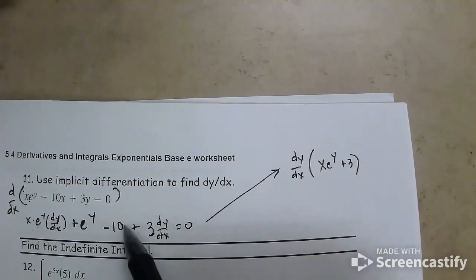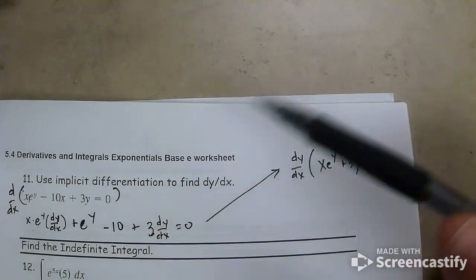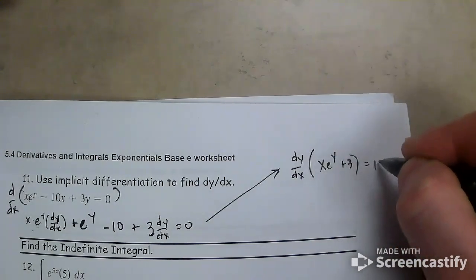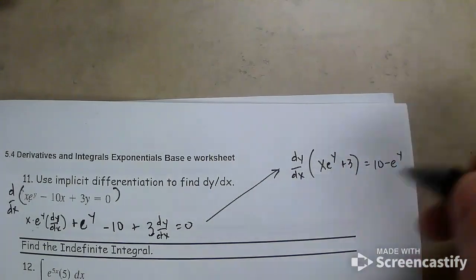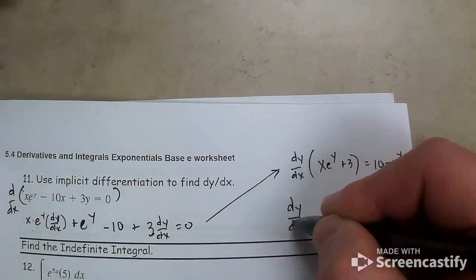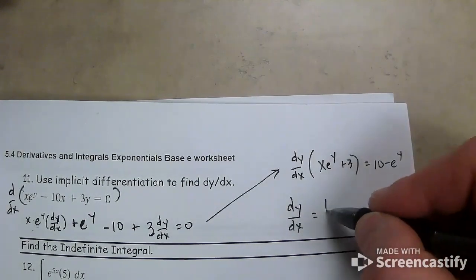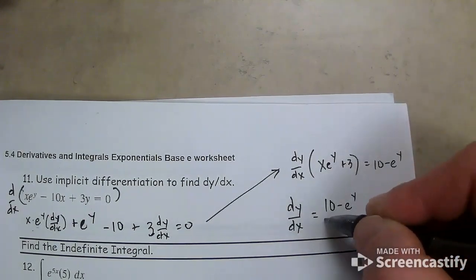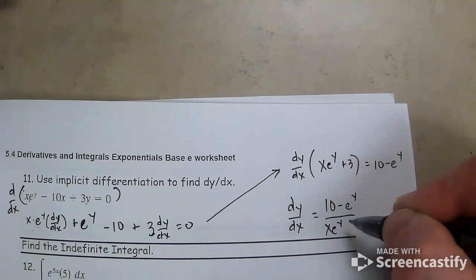And then I need to move these two pieces of information over to the other side. So this is going to be 10 minus e to the y. So when it's all said and done, dy dx equals 10 minus e to the y all over x e to the y plus 3.